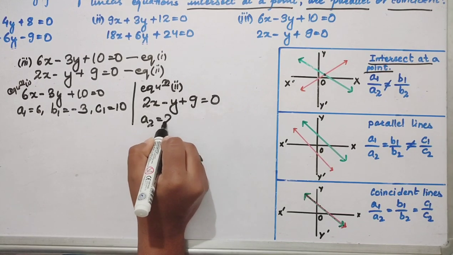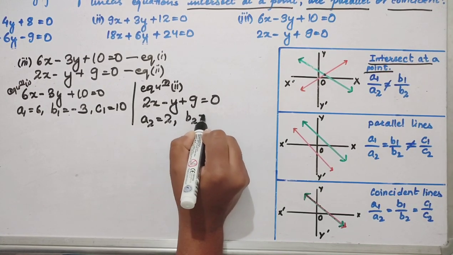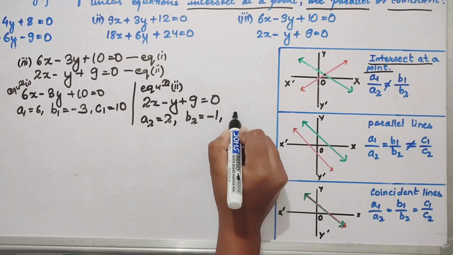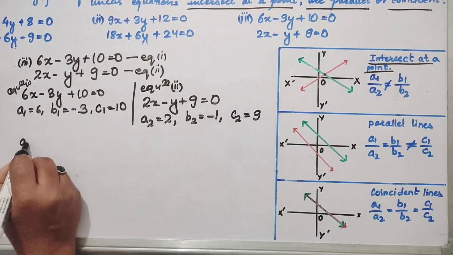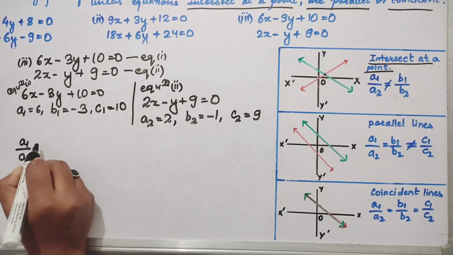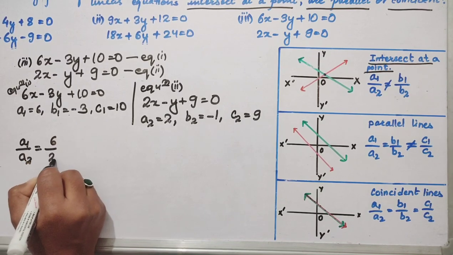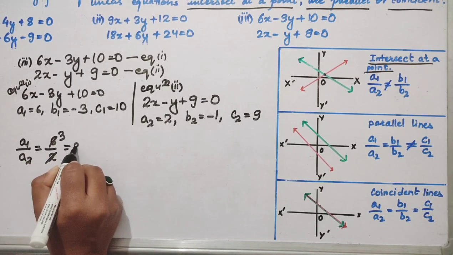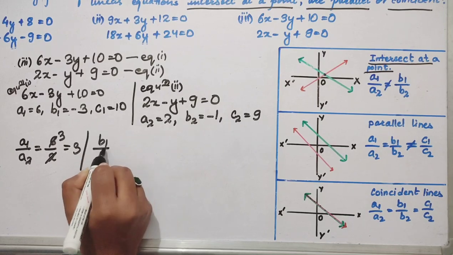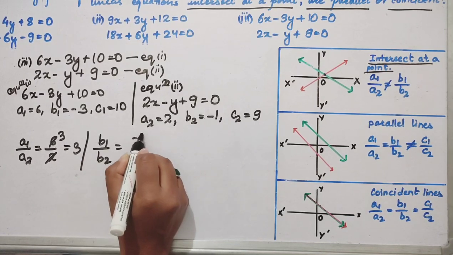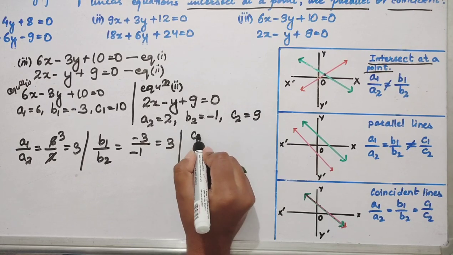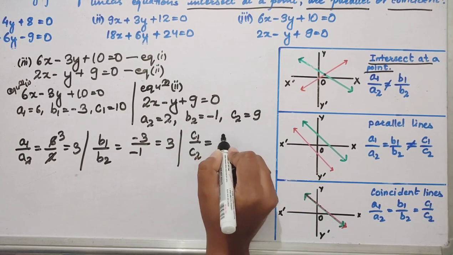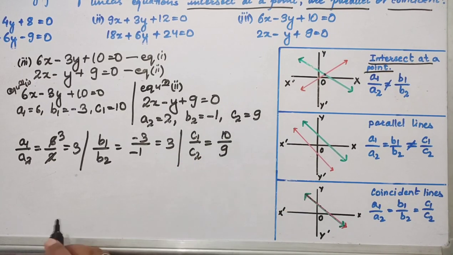So a2 equals 2, b2 equals minus 1 and c2 equals 9. So we have a1 by a2 equals 6 by 2, which is 3. b1 by b2 equals minus 3 by minus 1, which is again 3. And c1 by c2 is 10 by 9.